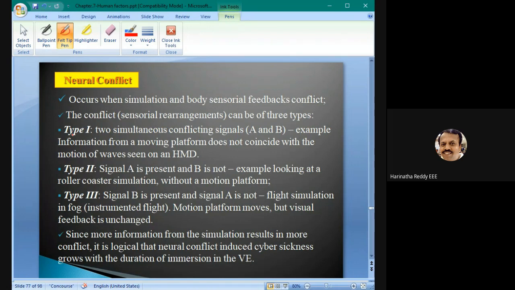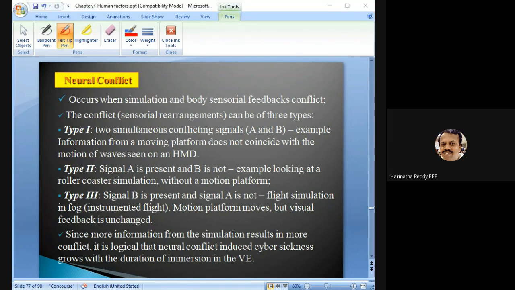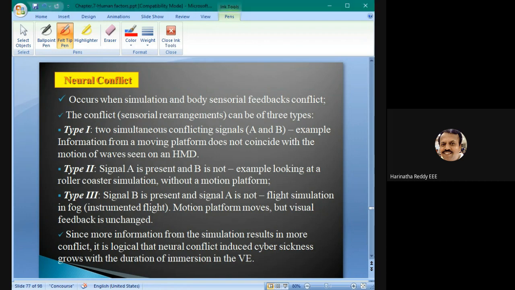The roller coaster is an already designed virtual model. In that virtual environment, it appears that we are moving. Actually, we are not moving physically.